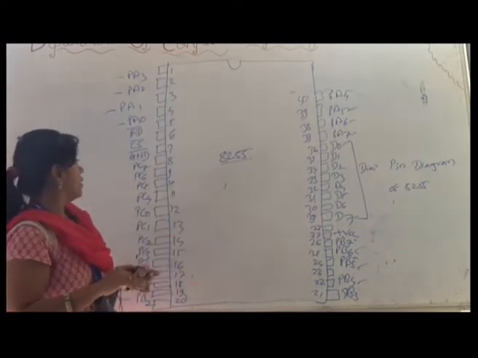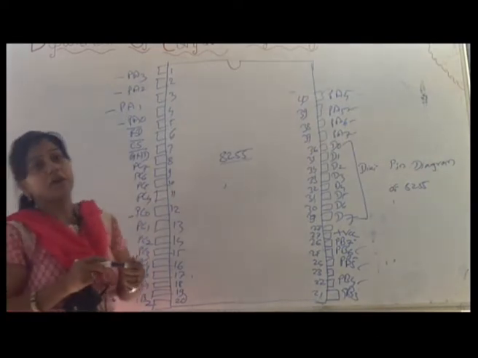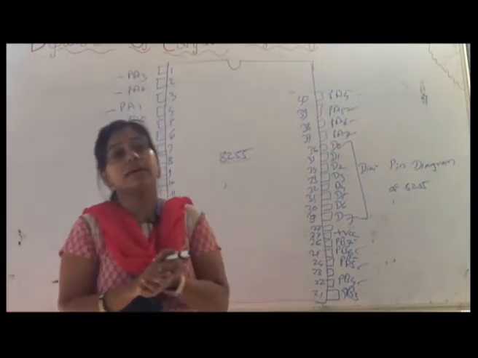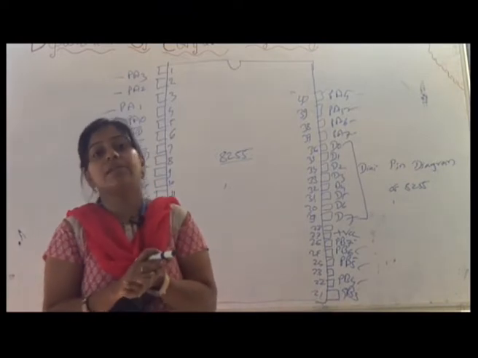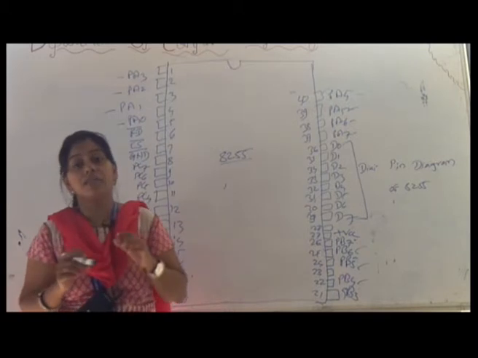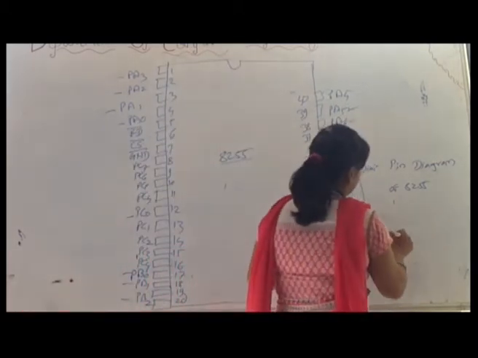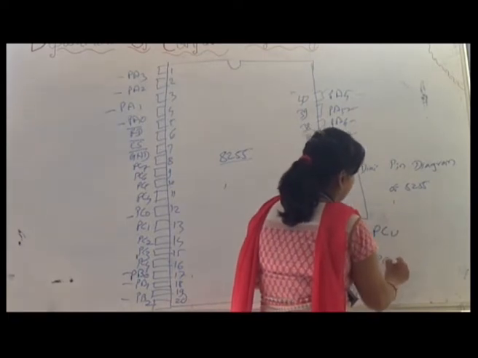Okay, now the port C lines, port C0 to port C7. These are again the tri-state bidirectional lines, but these lines act in two halves, upper half and lower half, PCU and PCL.